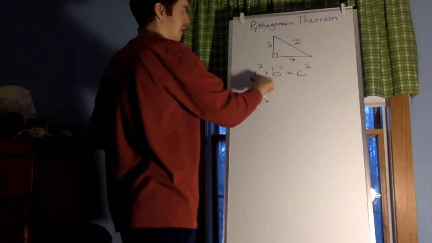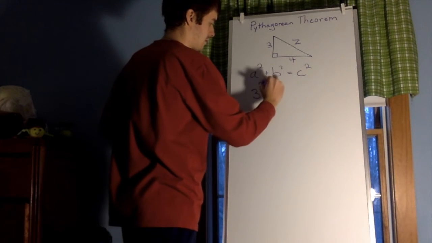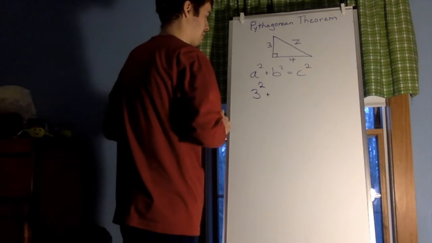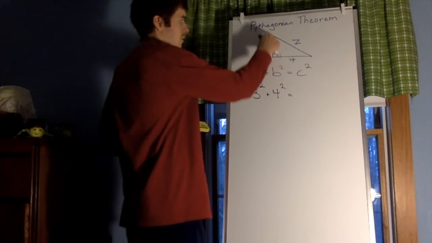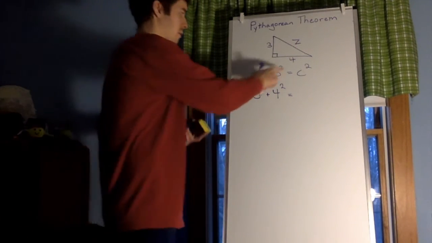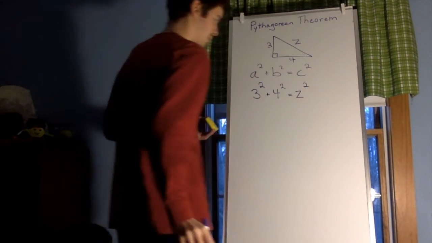My other leg is 4, so plus 4 squared. And my hypotenuse is z. It's just a variable, so we're going to put that in for our hypotenuse: z squared.